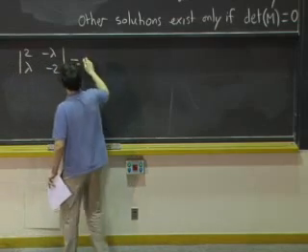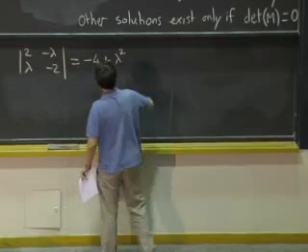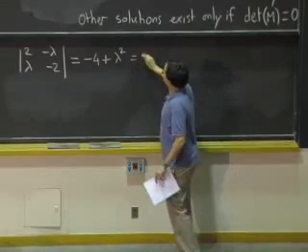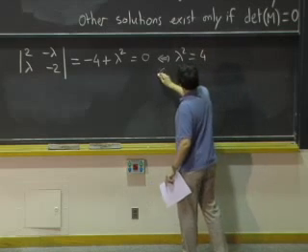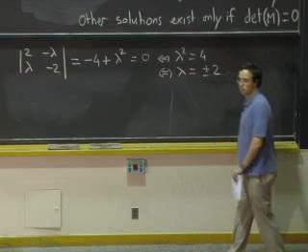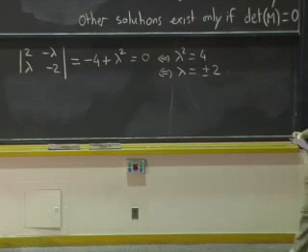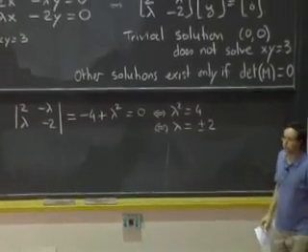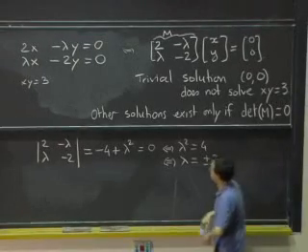Well, that seems to be negative 4 plus lambda squared. So that's 0 exactly when lambda squared equals 4, which is lambda is plus or minus 2. So already you see it's at a level of difficulty that's a little bit much for an exam, but perfectly fine for a problem set or for a beautiful lecture like this one.